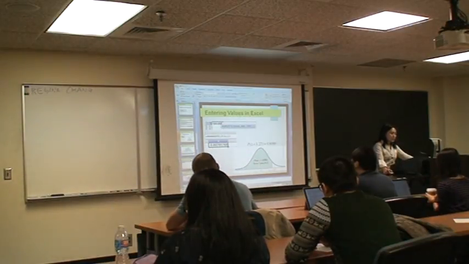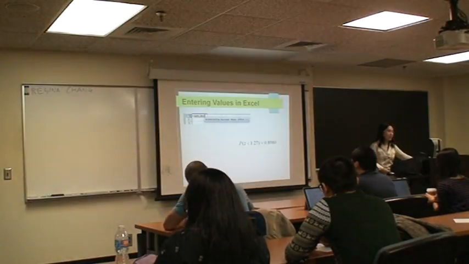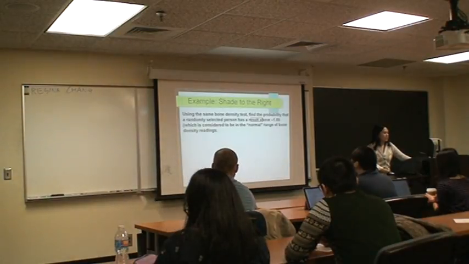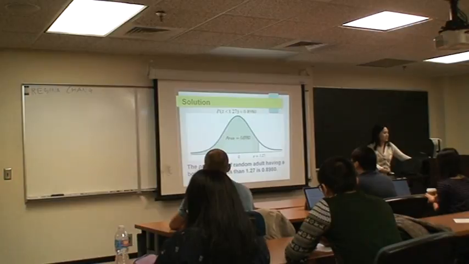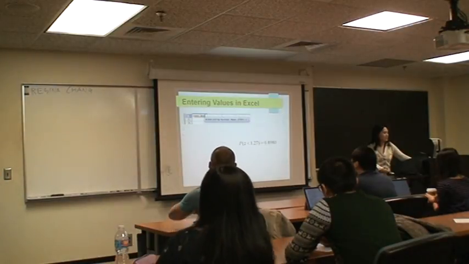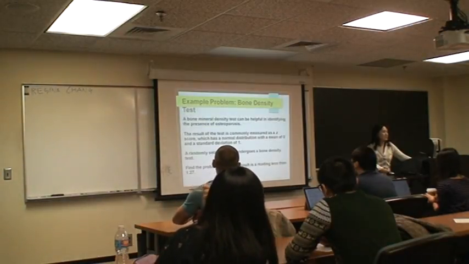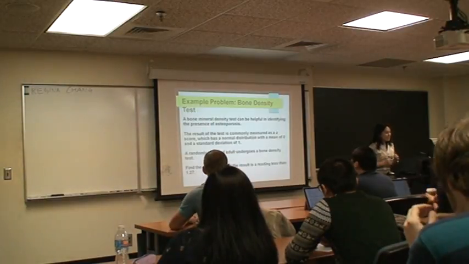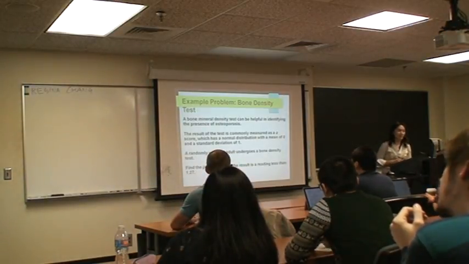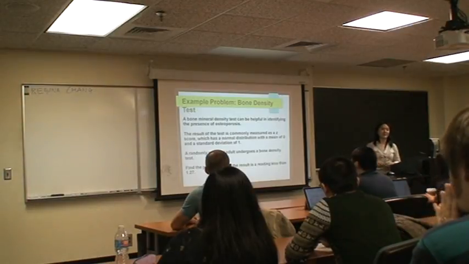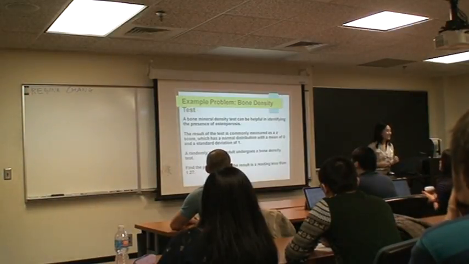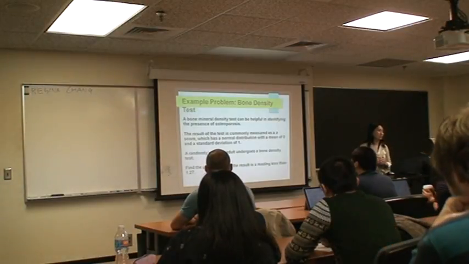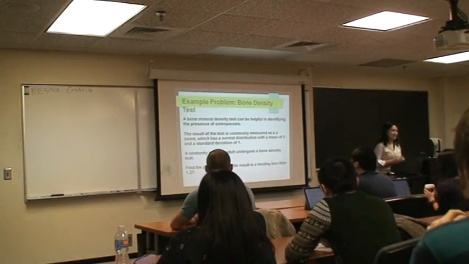to be. So let's hit it off with an example. This is our real life example. You're all going to be doctors. The result of the test is commonly measured as a z-score, which is a normal distribution with a mean of 0 and a standard deviation of 1.